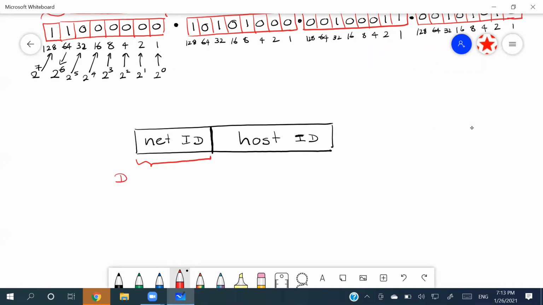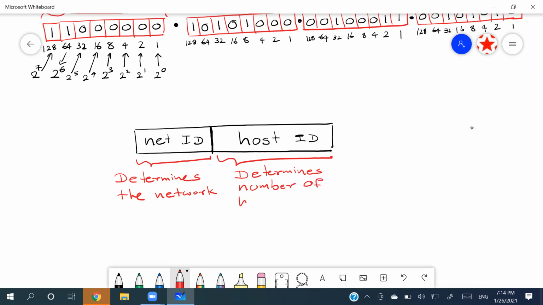The host ID determines the number of hosts that can be connected to the network.